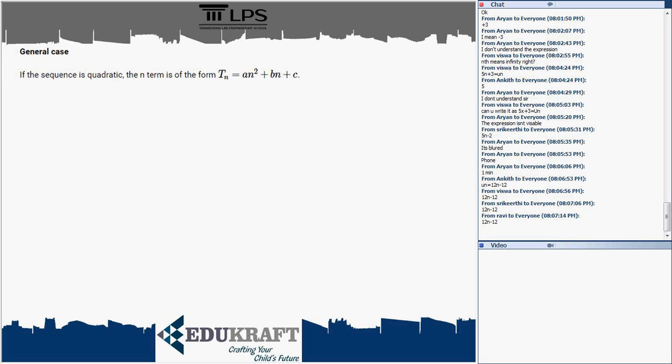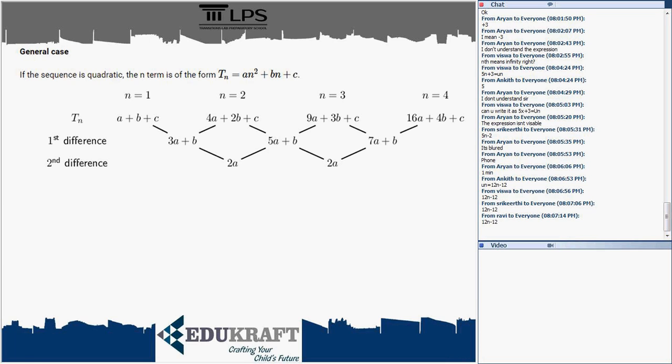For a quadratic sequence that appears on your screen now, the general expression is An squared plus Bn plus C, and also the first difference.